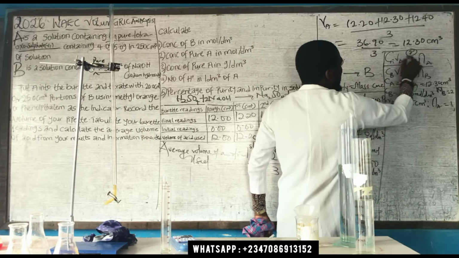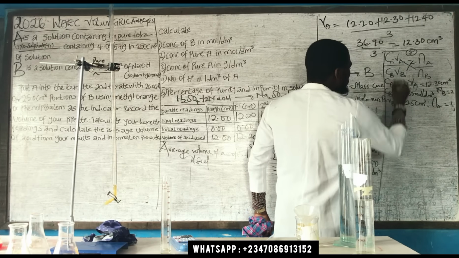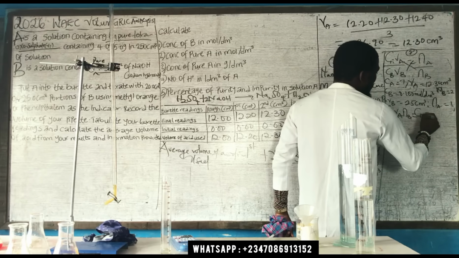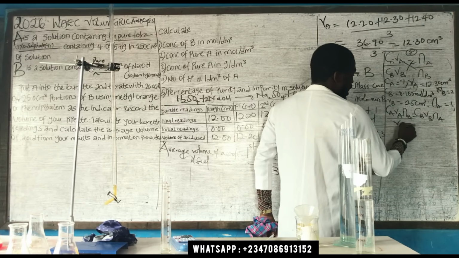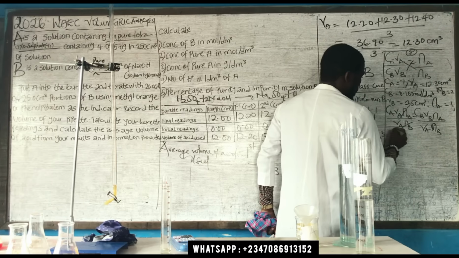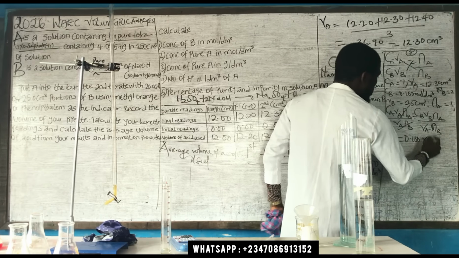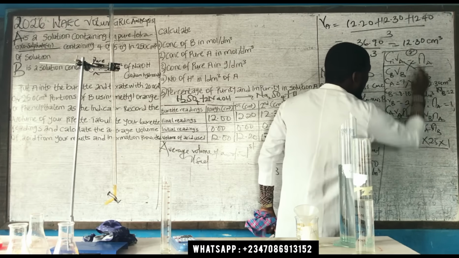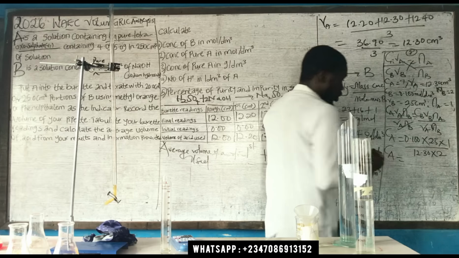So we have to make Ca the subject of the formula. By doing so, we have Ca Va Nb equal to Cb Vb Na. So the coefficient of Ca is Va Nb, which we cancel. So Ca equals Cb, 0.100, times Vb, 25, multiplied by 1, over Va, 12.30, multiplied by 2.